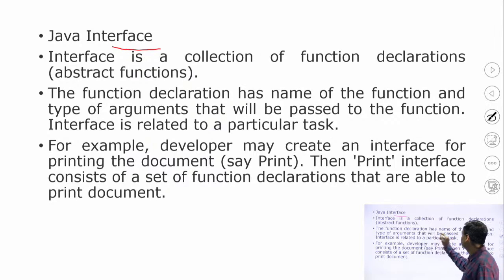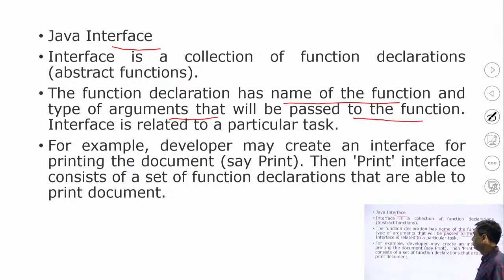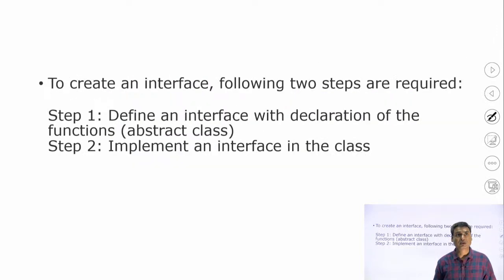A function declaration has the name of the function and the type of the arguments that will be passed to the function. For example, in the coming example I am going to discuss an interface example, in which we are going to create a print function with the print interface.